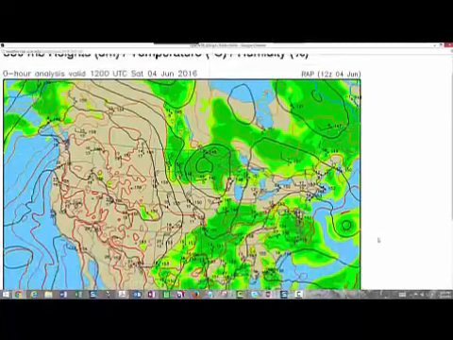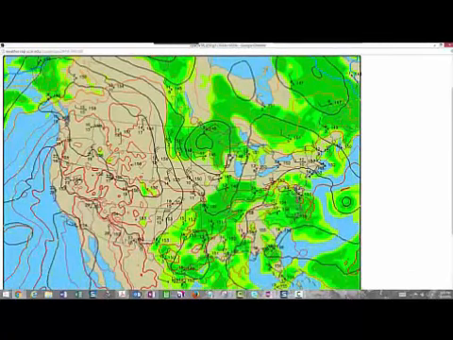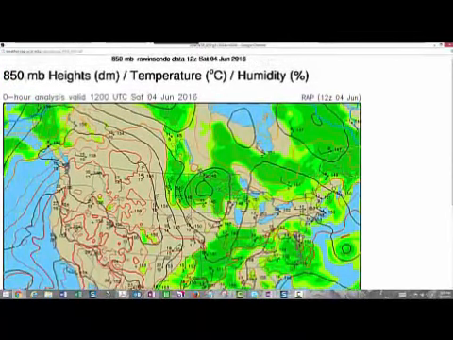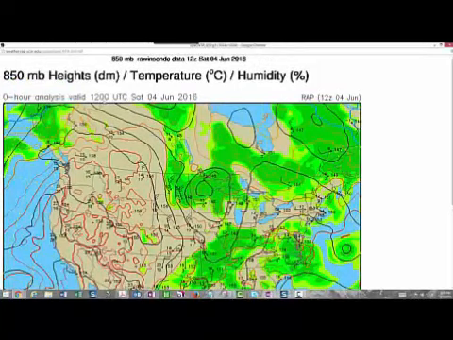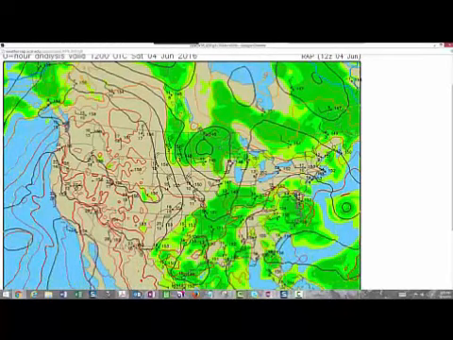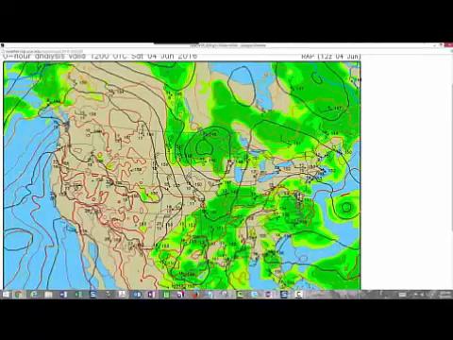Now, another thing to look at, this is a stagnant shot, a picture in time of the 850 millibar surface at 12Z this morning. You'll also notice that we have wind speed and wind direction shown on these station models. So we look back to our west, and you notice we have northwest winds.